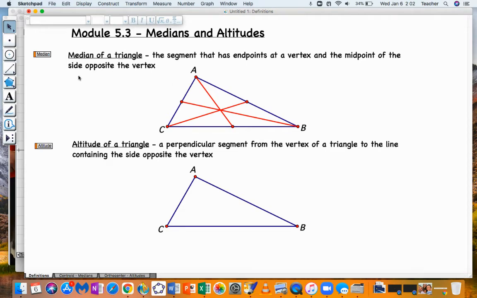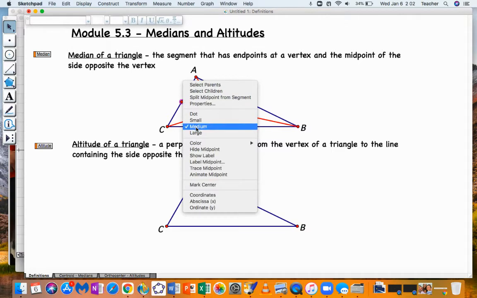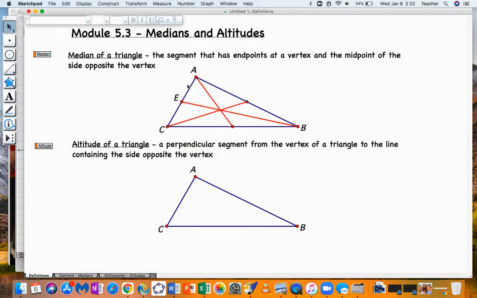All right, altitude. So median should be middle. That should make sense. In probability, you talked about mean, median, and mode, and median was halfway in between. So let's label this AE.